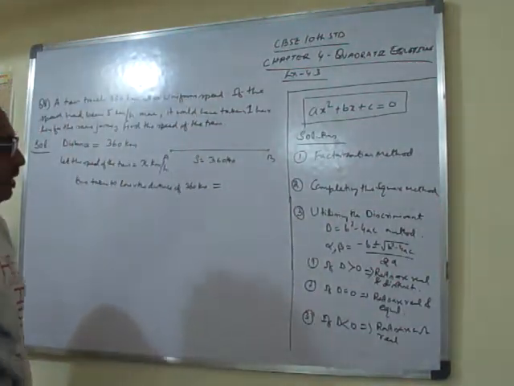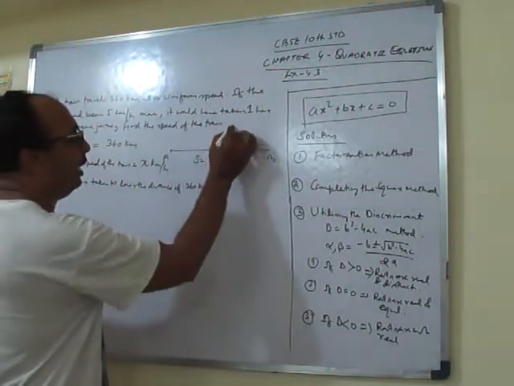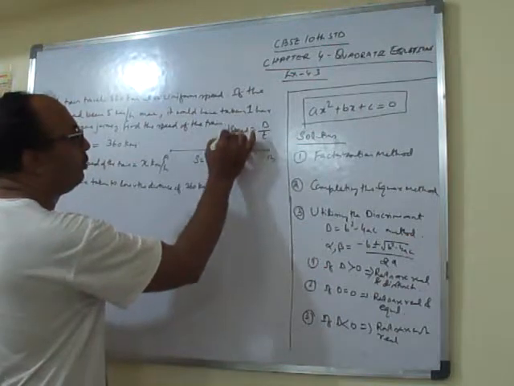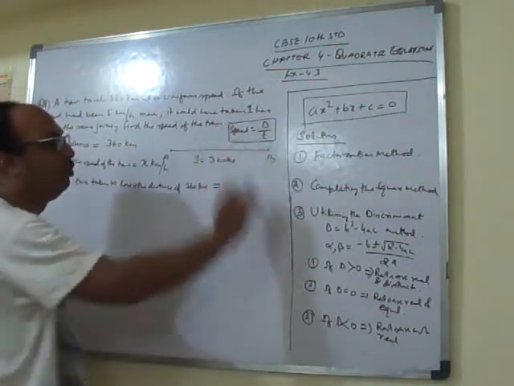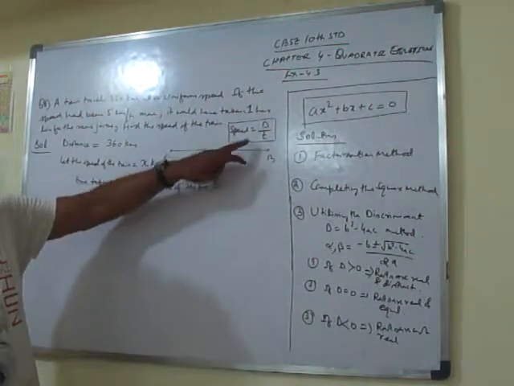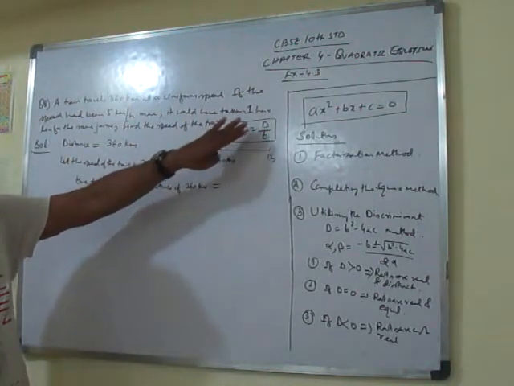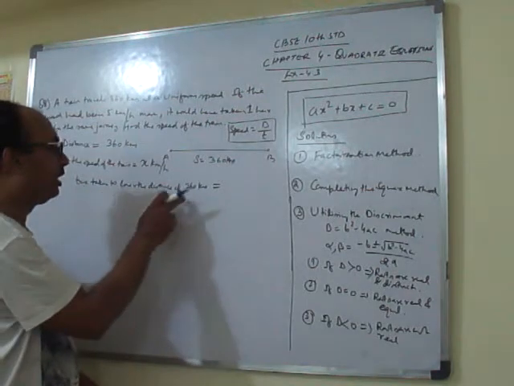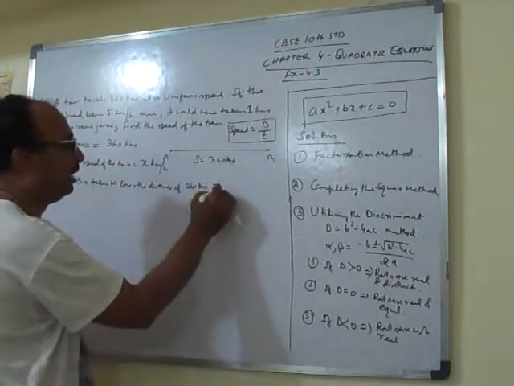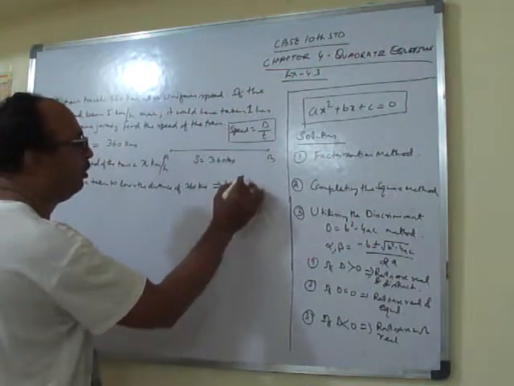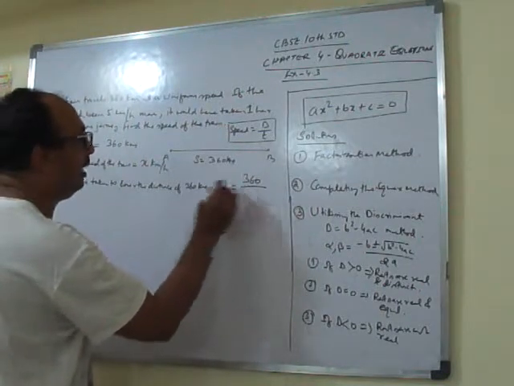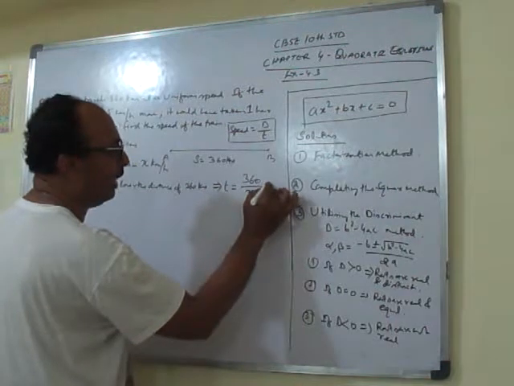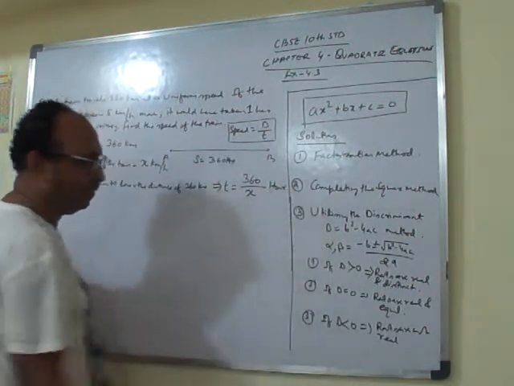From this we can write time as distance by speed. So the time taken to cover the distance of 360 kilometers, that is t, is equal to 360 divided by the speed of the train, x kilometer per hour, and this is in hours.